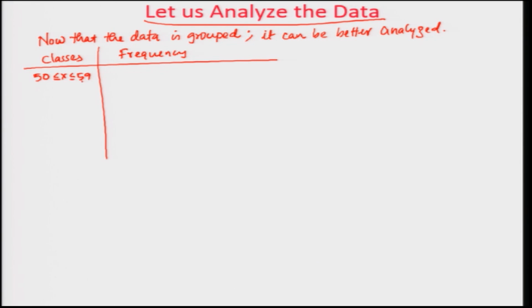Okay. So we will make the table once again, with classes and frequency. The classes were 50 less than or equal to x less than or equal to 59, 60 less than or equal to x less than or equal to 69, 70 less than or equal to x less than or equal to 79, 80 less than or equal to x less than or equal to 89, and 90 less than or equal to x less than or equal to 99.